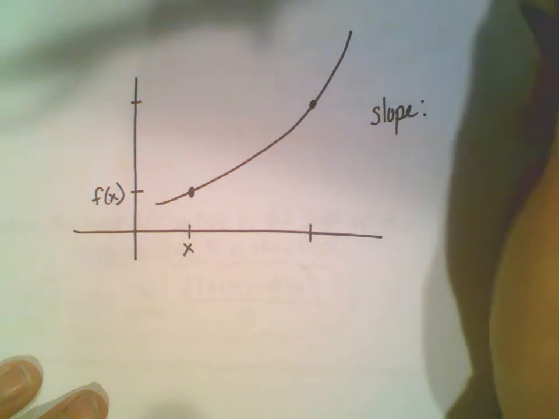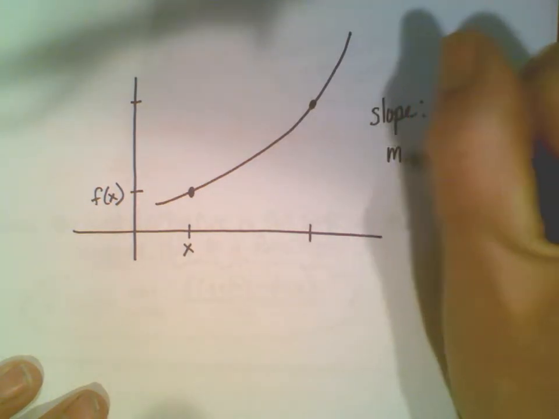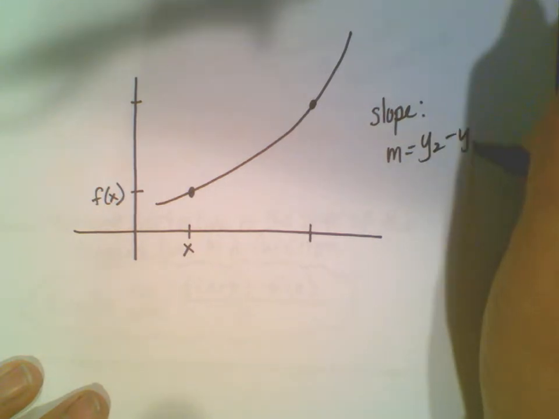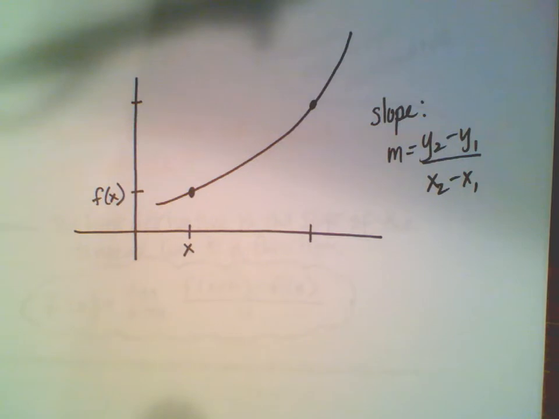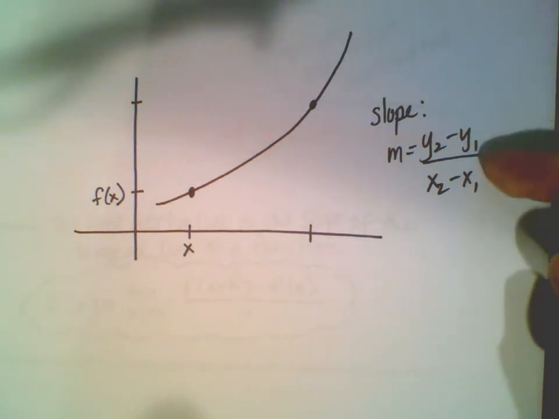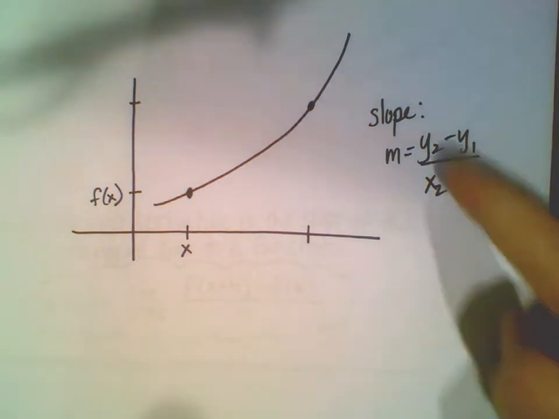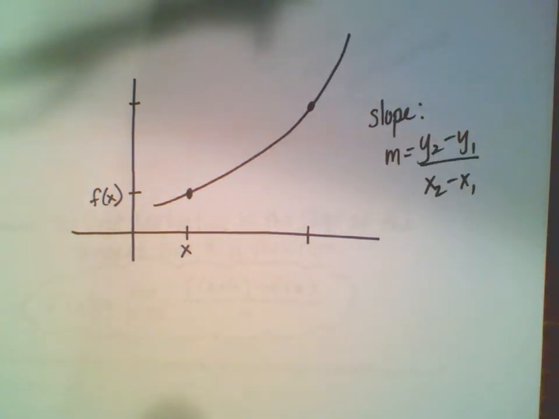You learned a formula for slope back in your algebra days that was y2 minus y1 over x2 minus x1. This may or may not look familiar to you. And again, this is not something that you're going to have to memorize. I just want to show you where the formula that we're going to be using came from.